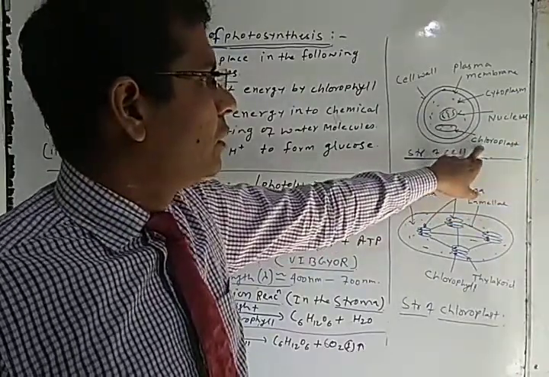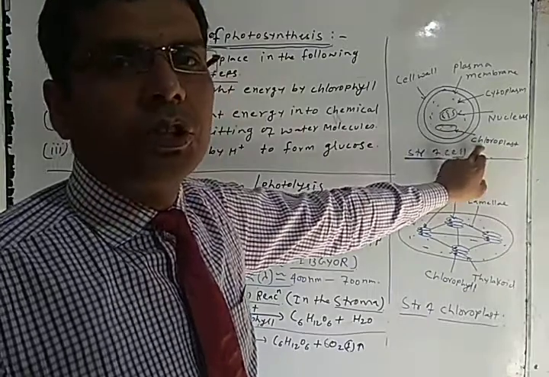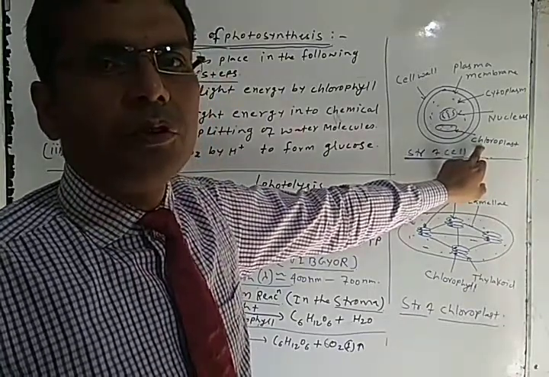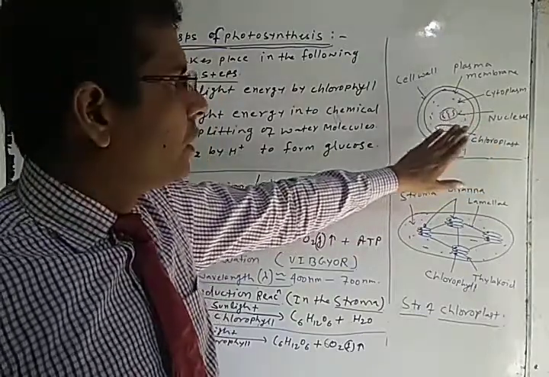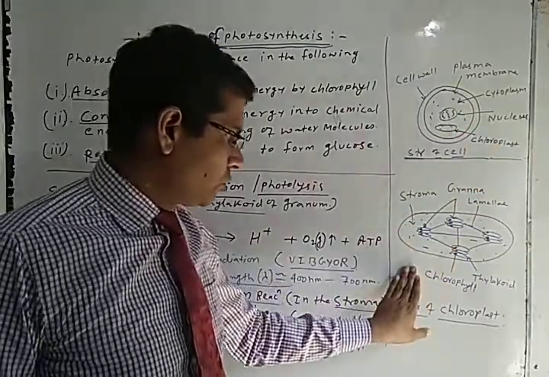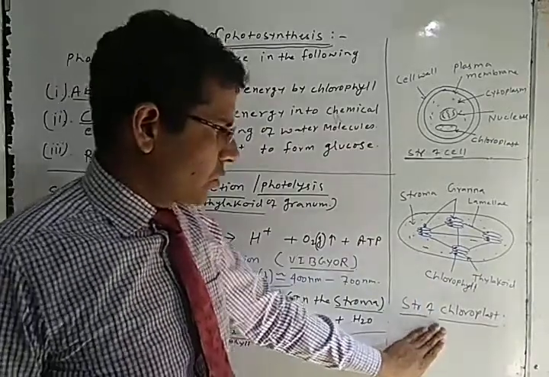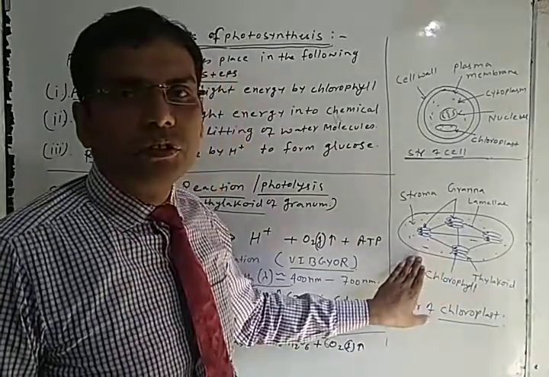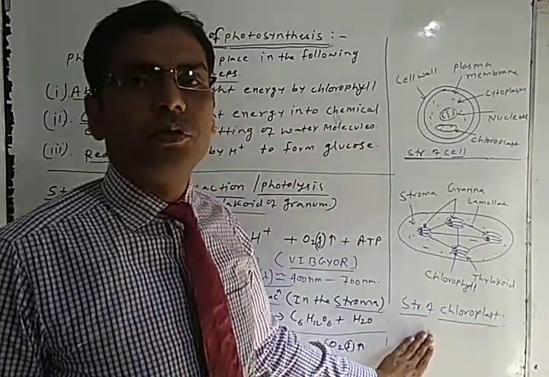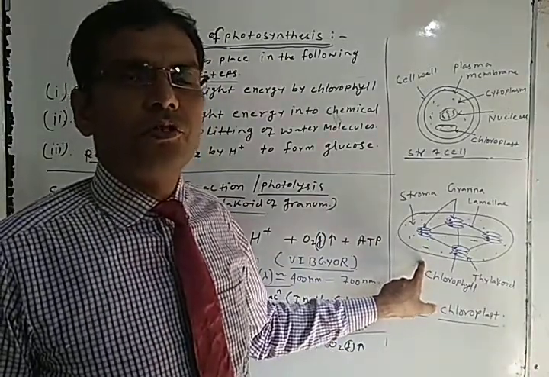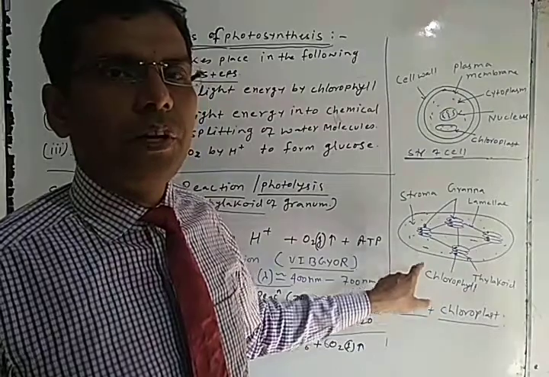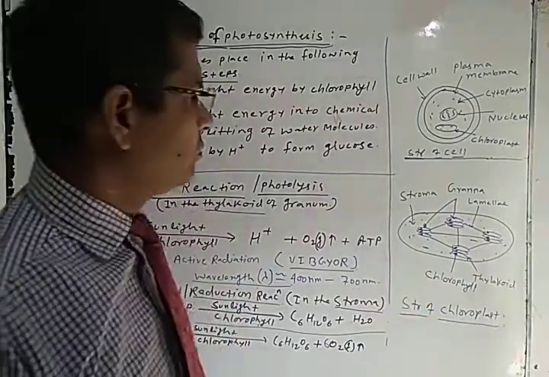But here, I focus only on chloroplast. So this is the structure of chloroplast. Now, let us look at these structures. This structure is seen under electron microscopes, highly magnified electron microscopes.